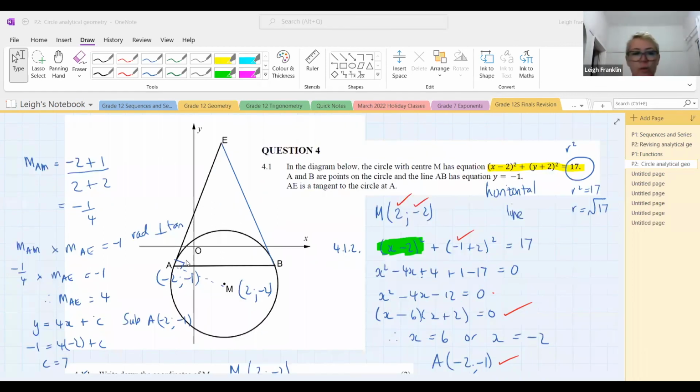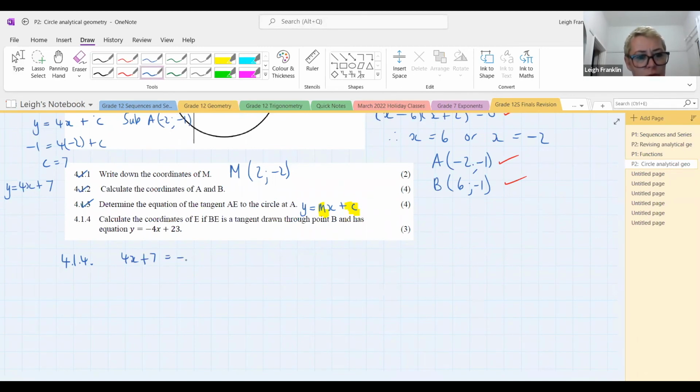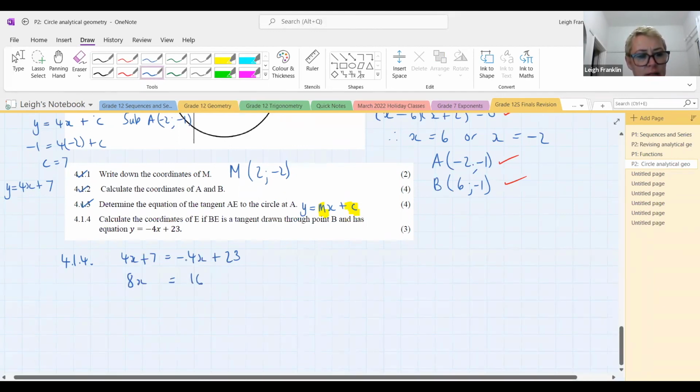So in this case here, we would end up with, we'll just do this and then we can all go, 4.1.4. So we're going to take 4x plus 7. We're going to make it equal to -4x plus 23. We're going to collect our x's one side. We're going to collect our numbers the other side. And x would be equal to 2.